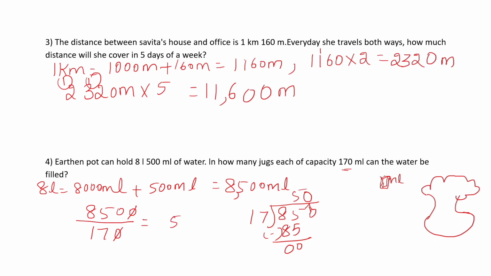So here 50 jugs, each of capacity 170 ml, can be filled from the 8 liters 500 ml capacity of the earthen pot.